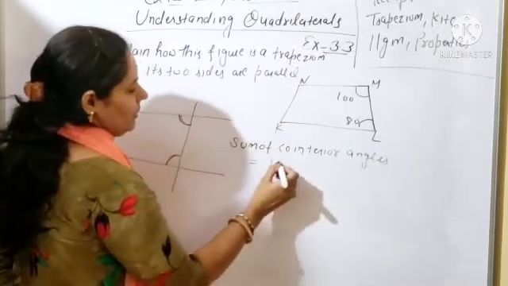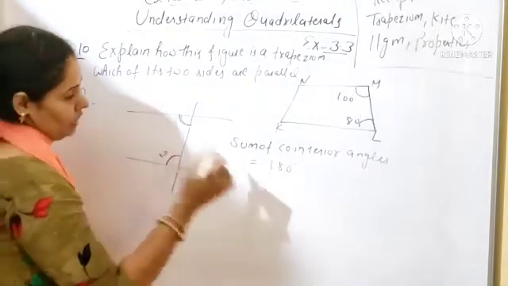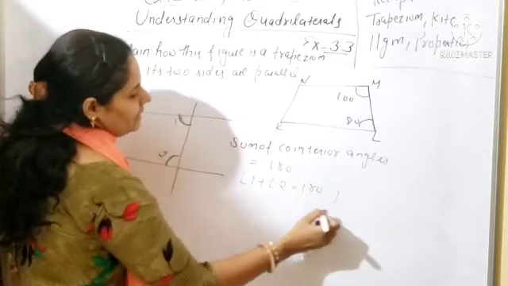You can assume this one is angle 1 and this one is angle 2. So angle 1 plus angle 2 will be equal to 180 degree.